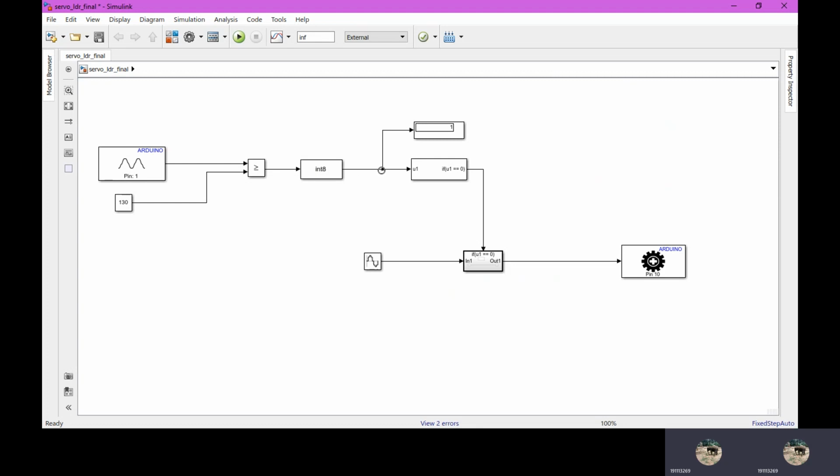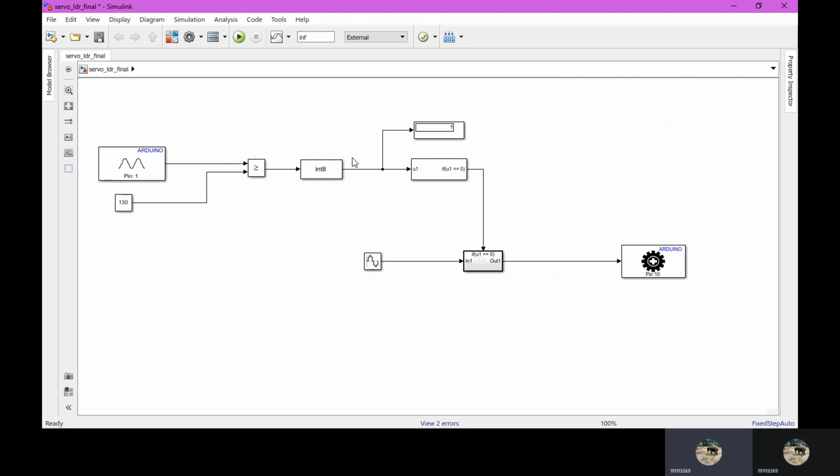So now if it is 1, then this if block will not pass it, because here is the condition written if u1 is equal to 0. So if I want the signal to further pass, I want it to be 0.